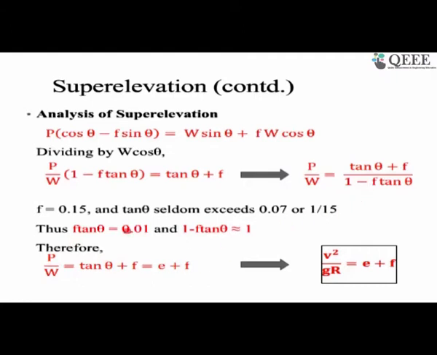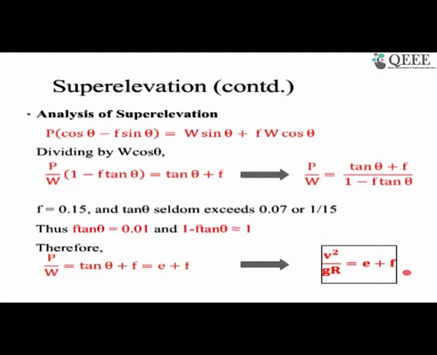This is how we derive P by W equal to tan theta plus F. Tan theta, which is quite small, is equivalent to sin theta, and sin theta is equal to E. So it is E plus F for P by W. And earlier we said that P by W is nothing but V square by GR. So at this equilibrium condition, we are getting V square by GR is equal to E plus F.